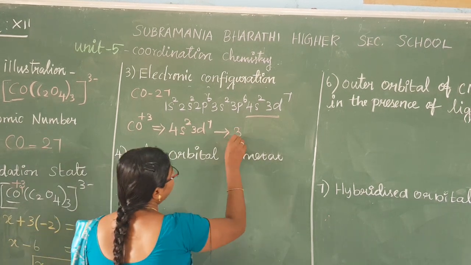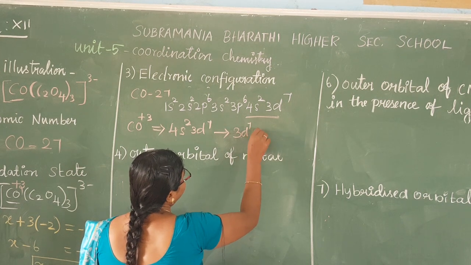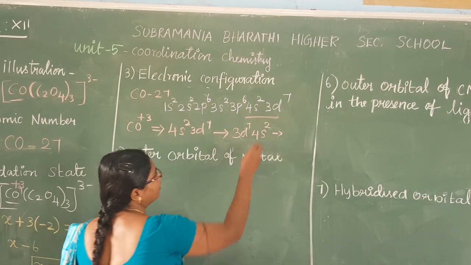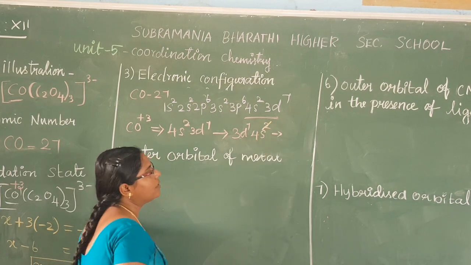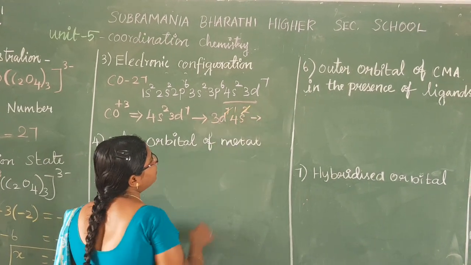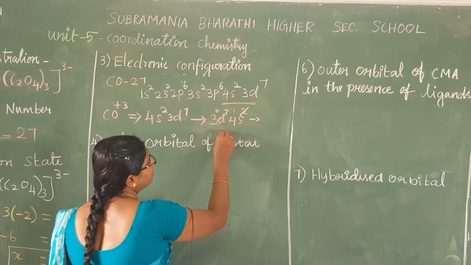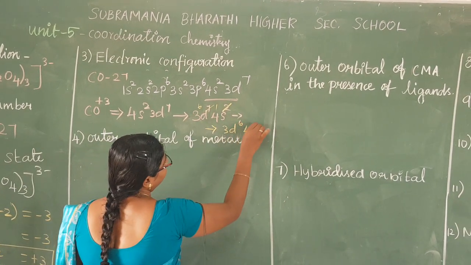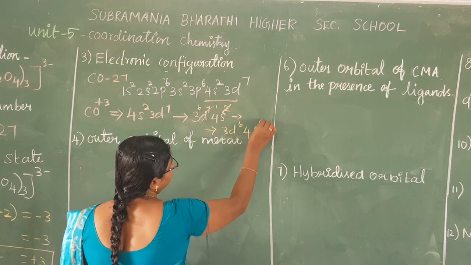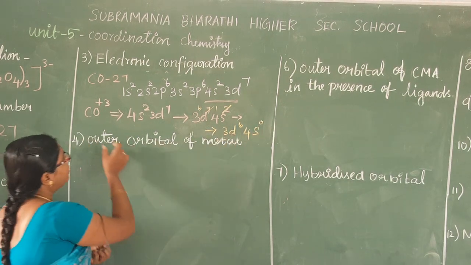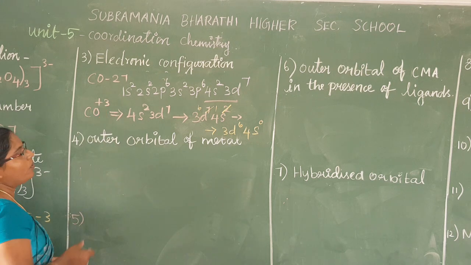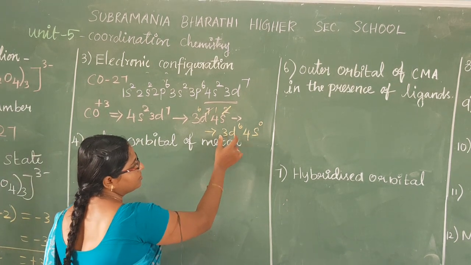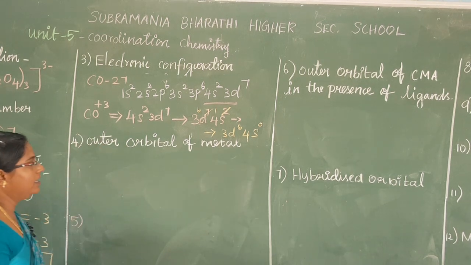So if I remove the 3 electrons, what will I get? 2 electrons removed from the s orbital and 1 electron removed from the d orbital. So at last I will get 3d6, 4s0. So for cobalt in the plus 3 oxidation state, the outermost electronic configuration is 3d6, 4s0.